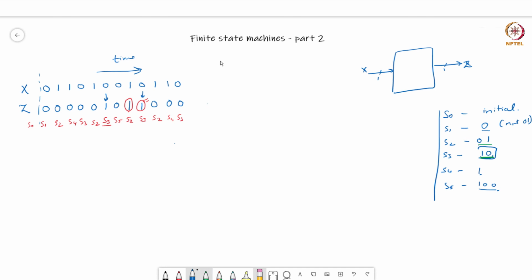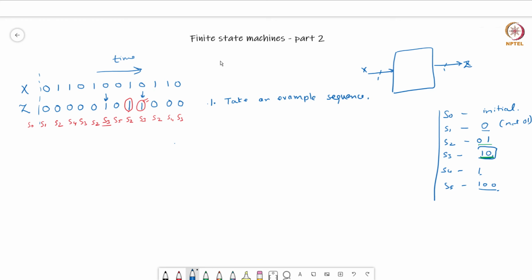So the first step is take an example sequence like this. If we have taken an example sequence, then it would always help us.